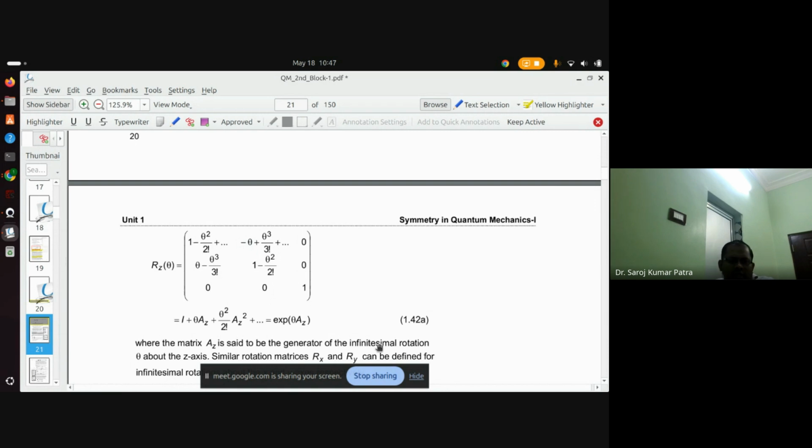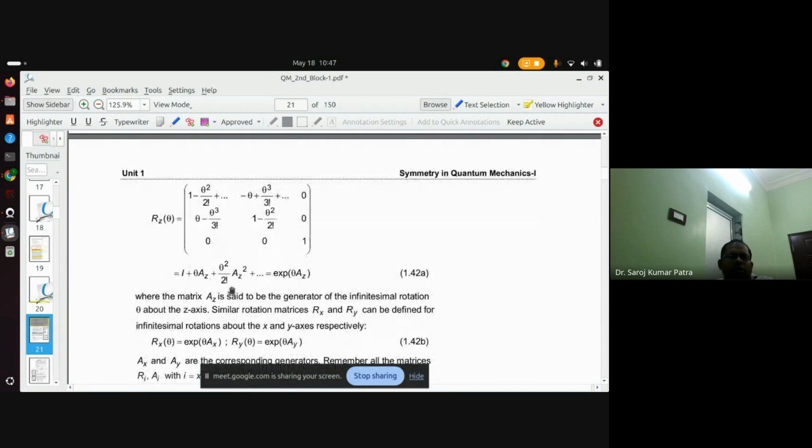So it starts with an identity, 1 plus theta into Az, where Az is a matrix, plus theta squared by factorial 2 into Az squared, and it keeps on going. So this can be expressed as exponential theta Az, because this is the series expansion for the exponential series, where the matrix Az is said to be the generator of infinitesimal rotation.